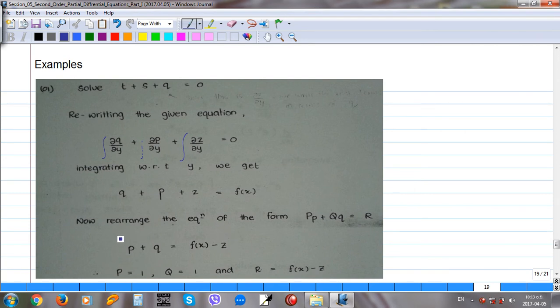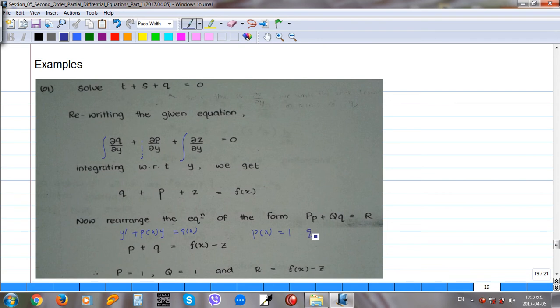So then what you can see, this is a linear equation of the form, what is the form? y' plus P(x) y equals Q(x). Then here what is P(x)? P(x) equals 1.